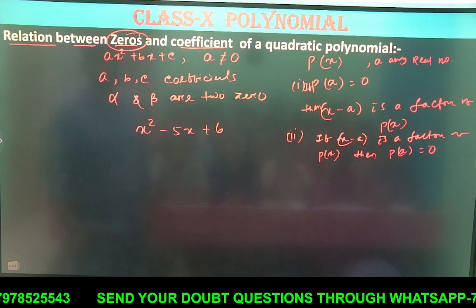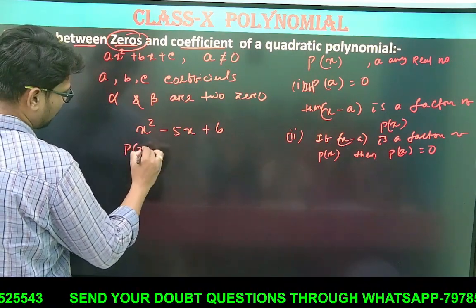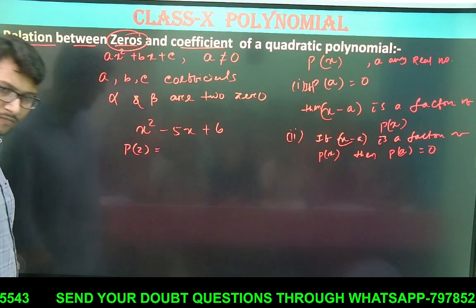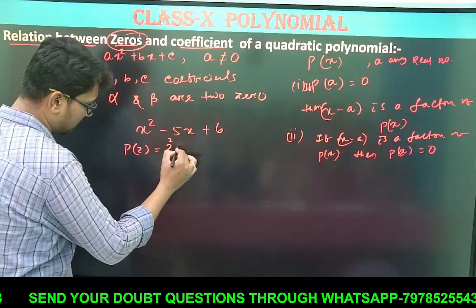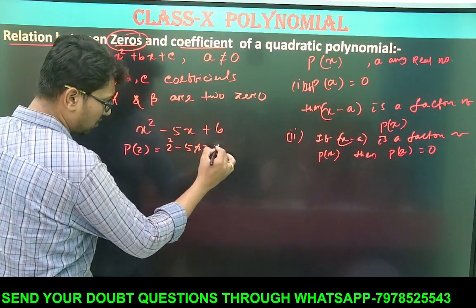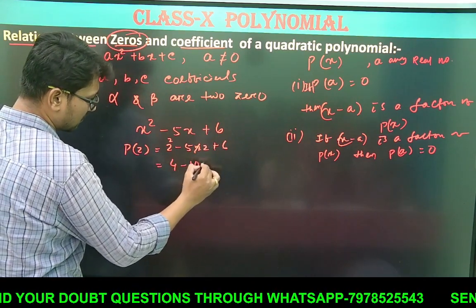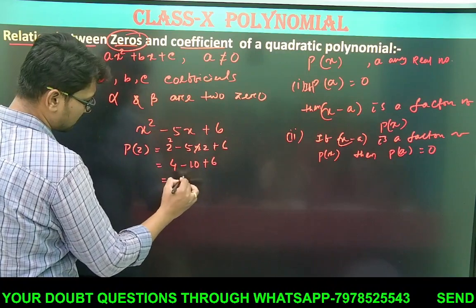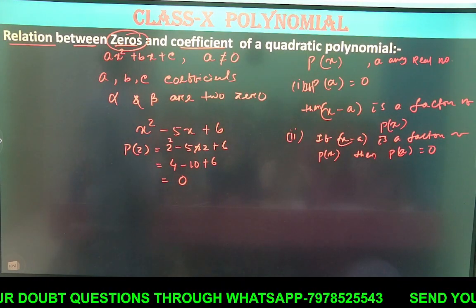Now tell me, p of 2 is how much? 2 square minus 5 into 2 plus 6 is 0.